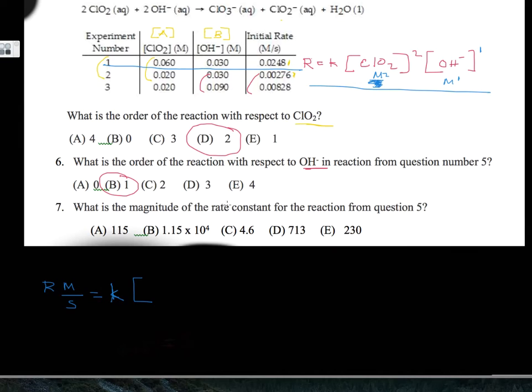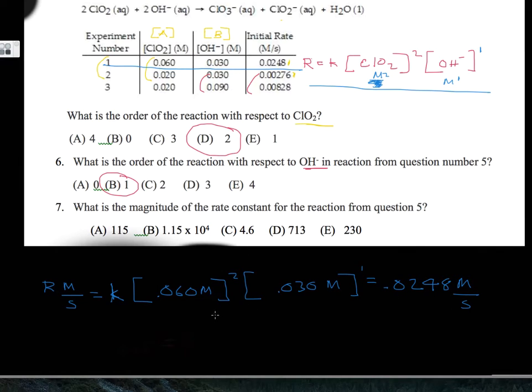Let me plug in, I'll just use the first row here, 0.060 molar squared times 0.030 molar to the first equals our R over here, which is 0.0248 molar per second.